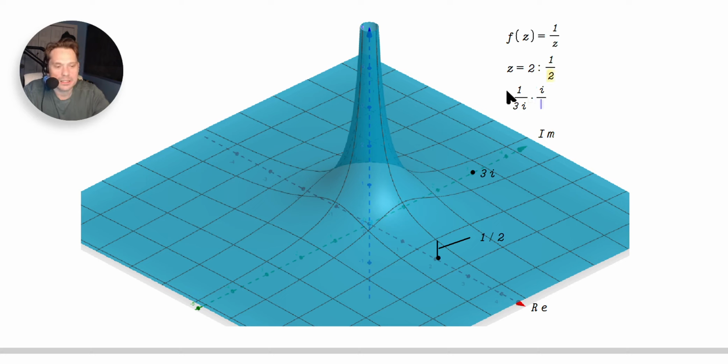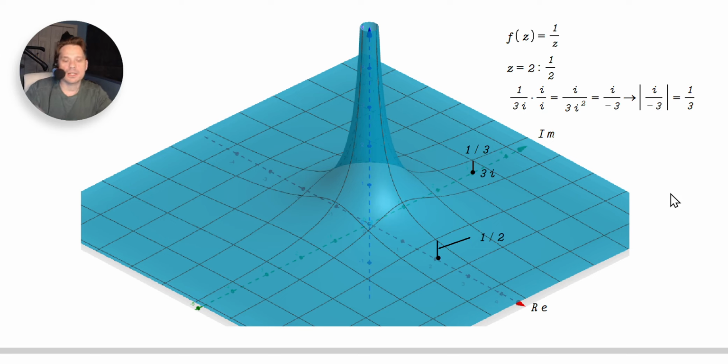So it's going to give you i over 3i squared, and then it's going to be i over -3. When you take the modulus of this quantity, like i over -3, that's just going to give you 1/3. So again you would interpret this to say that from here to here is 1/3, like this, that would be the length.